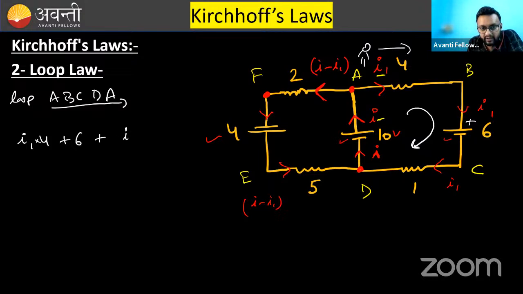That means again I1 into 1. Now, there is again a cell. You are entering the cell from the negative side. That means minus 10 is equal to 0. This is our equation number 1. You can simplify the equation. Clear?